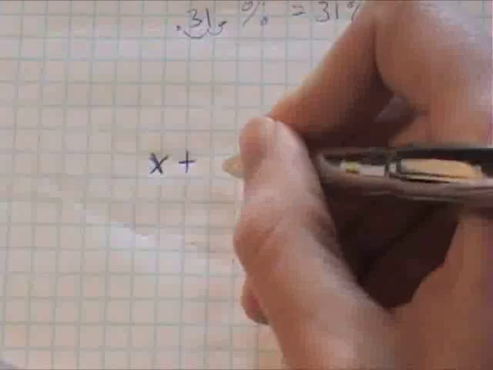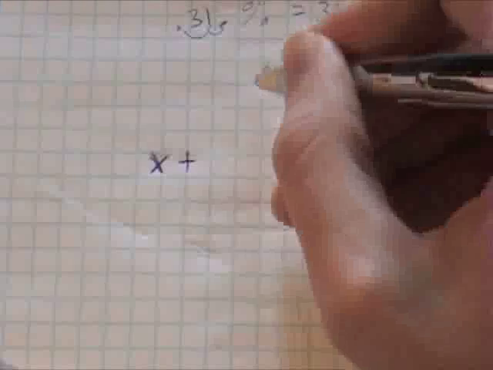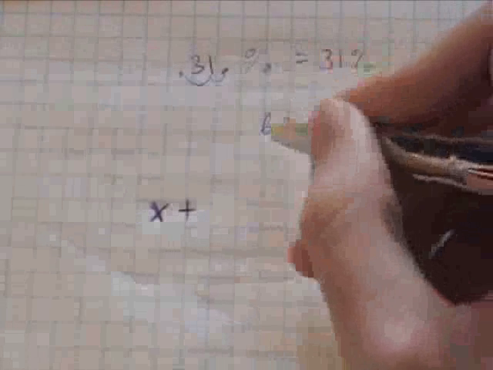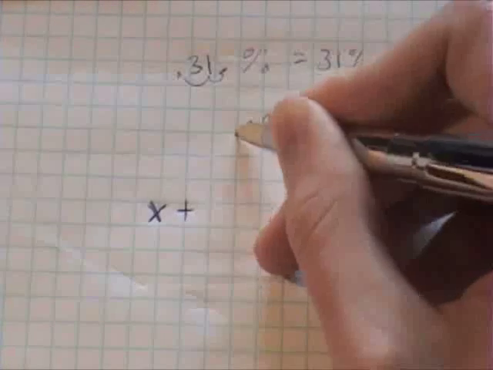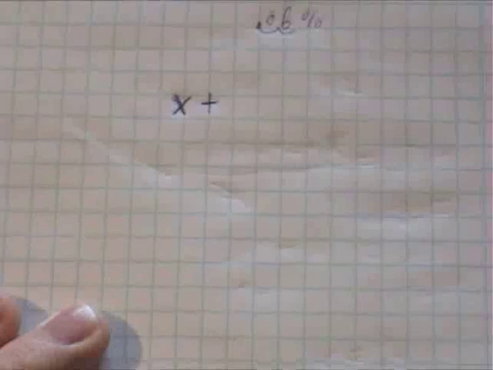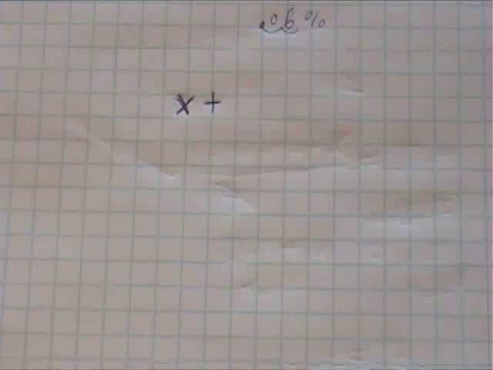So 6%, remember this conversion up here. If you were to go the opposite way, to convert it to a decimal, you have to go 2 spaces to the left. When we're dealing with equations, you always use decimal form, not percentage.